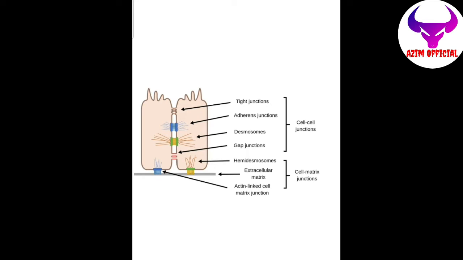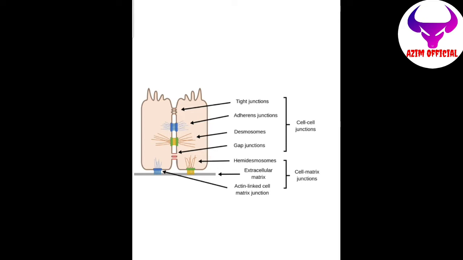Each connexon is made up of 6 protein subunits called connexins, which are the content of gap junction. They surround a channel that, when lined up with the channel in the corresponding connexon in the adjacent cell, permits substances to pass between the cells without entering the extracellular fluid.